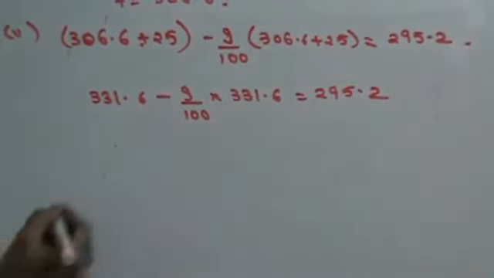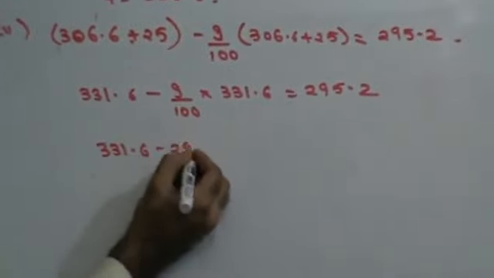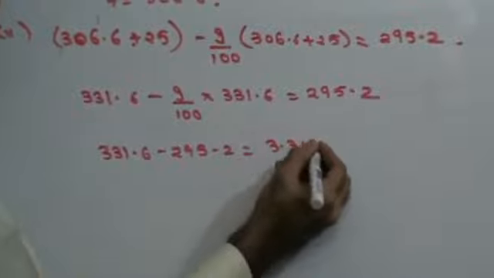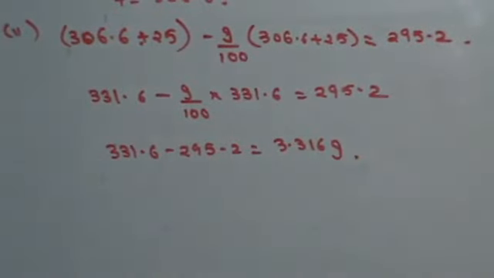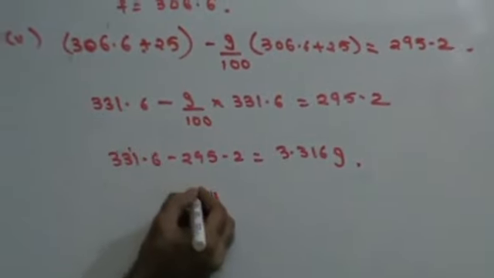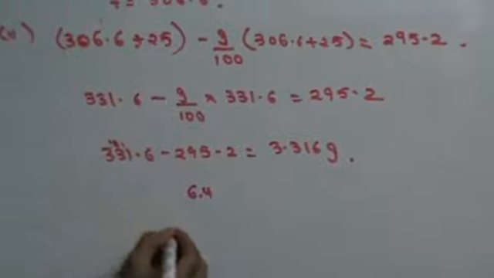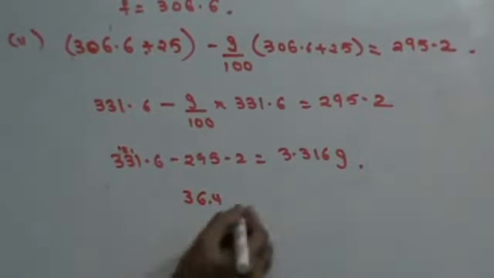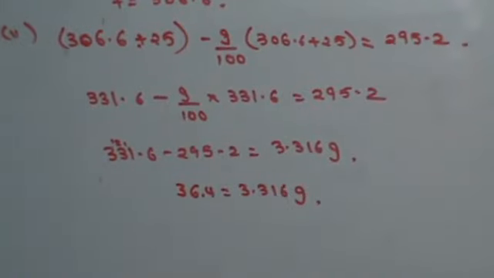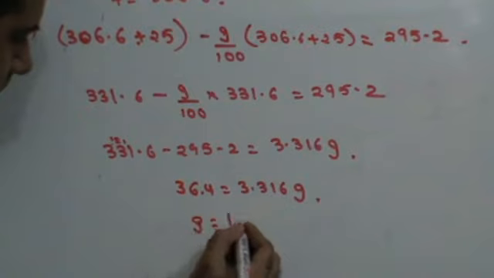Take the G% on the other side. So 331.6 minus 295.2 is nothing but 3.316 G. Right? So this is 36.4 is 3.316 G. So when you solve this, you should get G as 10.97.